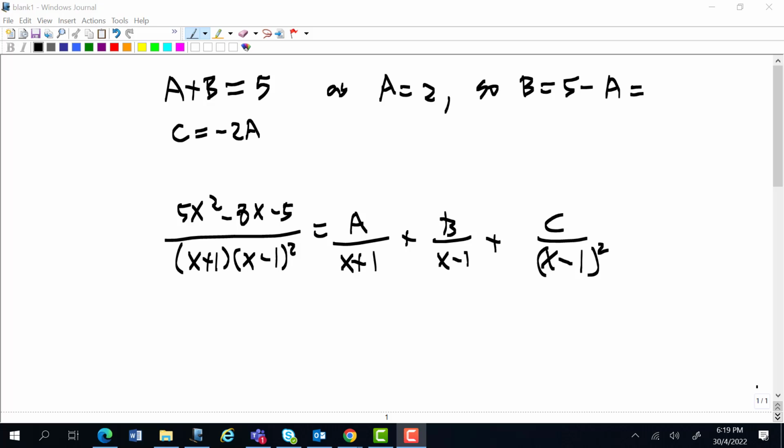As we know that a plus b equal to 5, and we know a is equal to 2, so b is equal to 5 minus 2, which is 3. And c equal to minus 2a, so this is minus 2 times 2, you get minus 4.